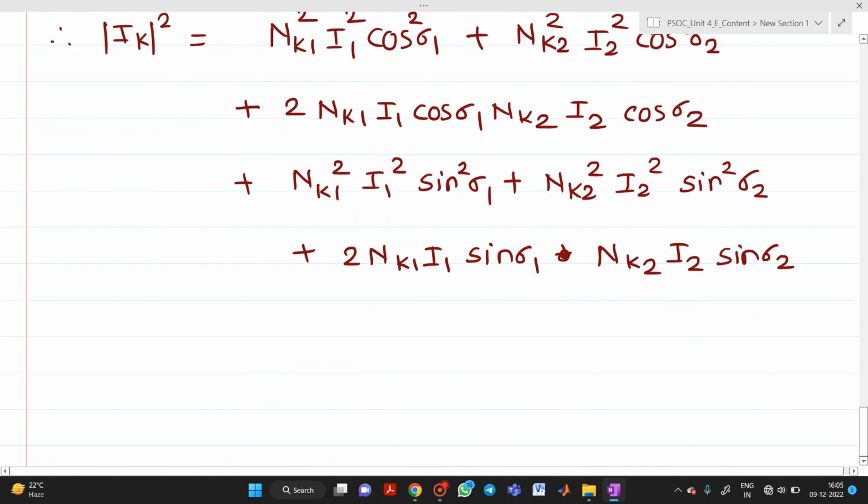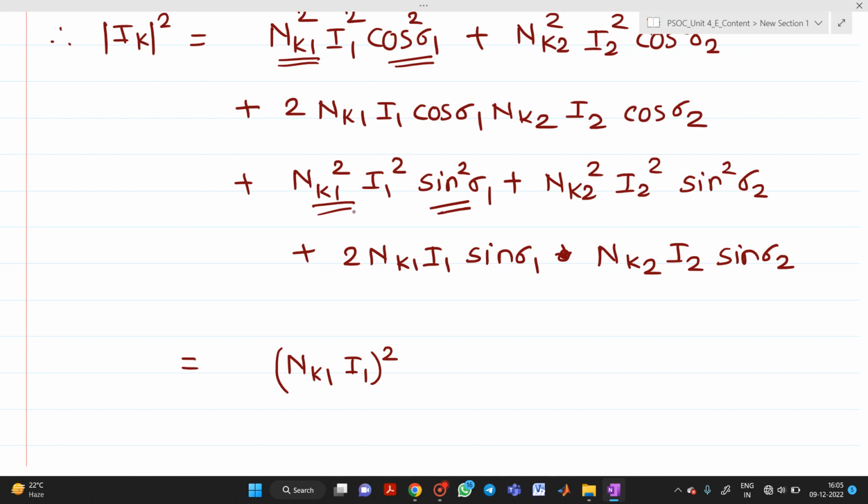Now what you observe here: if you take these two terms, cos square sigma 1 plus sine square sigma 1, it will be 1. So I can write nk1 into I1 bracket square, because sine square theta plus cos square theta is equal to 1.